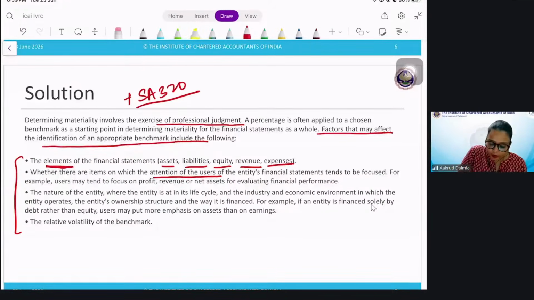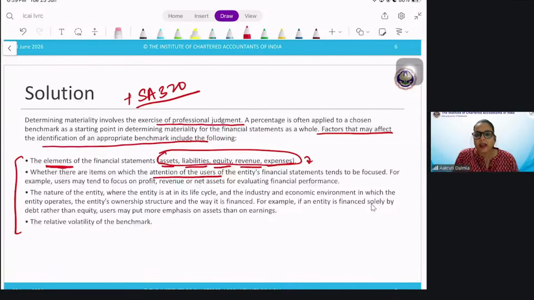So first see what are the elements. Then see out of these elements, where the attention of the users is. For example, users may focus on profit, revenue, or net assets when evaluating financial performance.